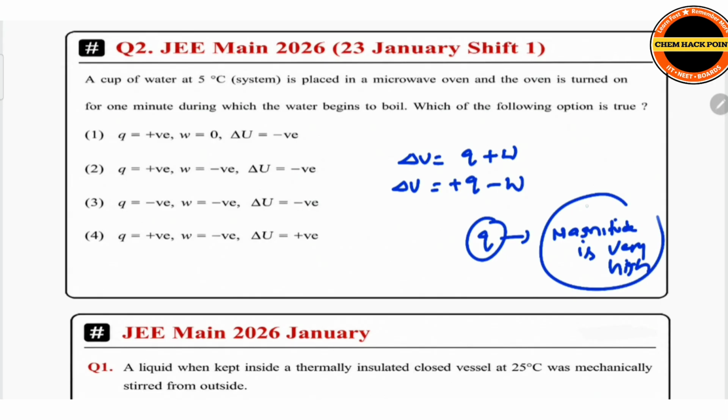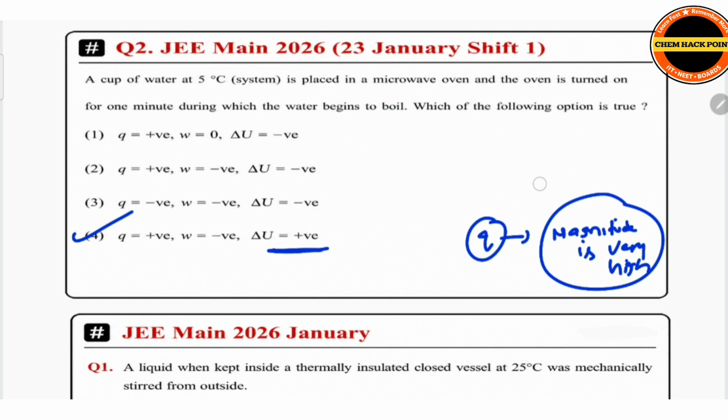So that's why, if it is Q minus W here, the magnitude is very high because Q is increasing, because of the maximum amount of heat energy from the microwave in under 1 minute. If the magnitude of Q is very high compared to W, then the overall resultant delta U value should be positive.